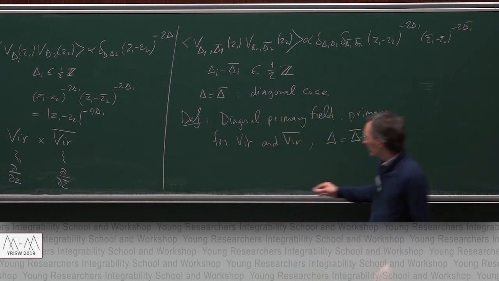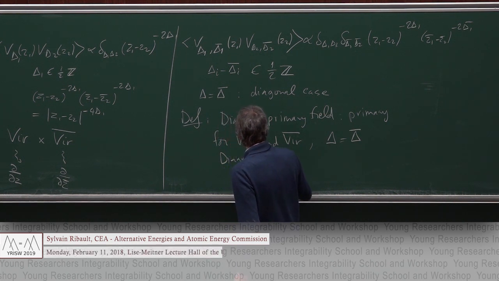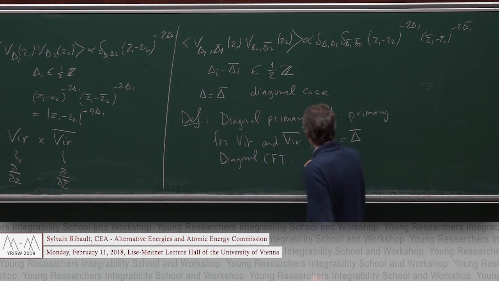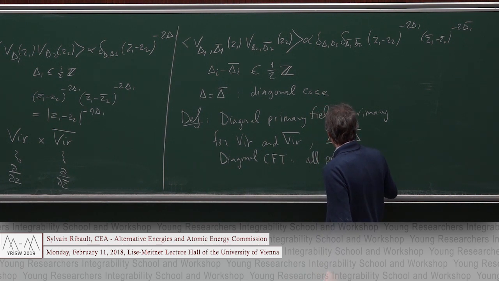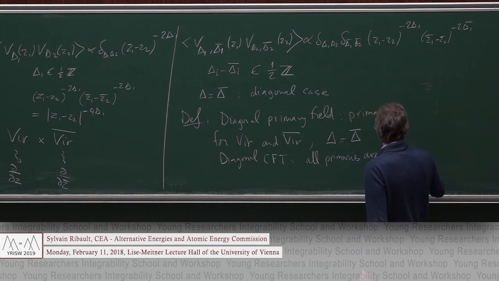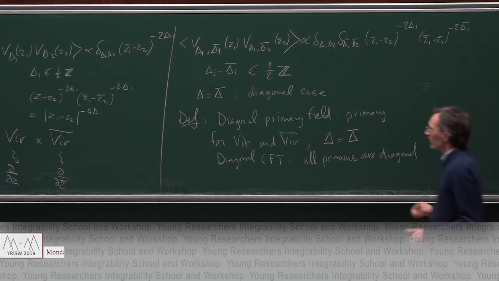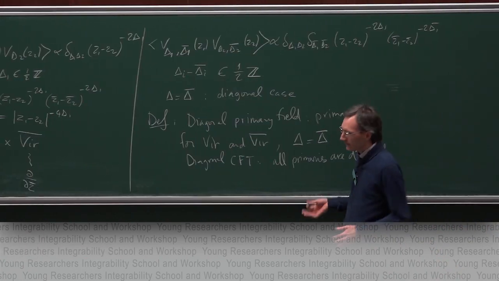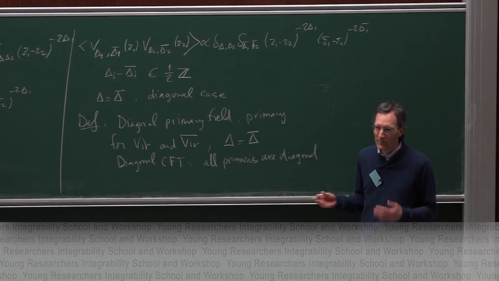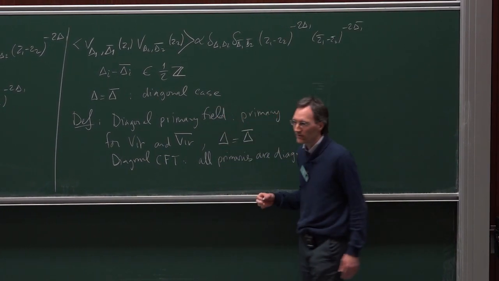And a diagonal conformal field theory is a CFT where all primaries are diagonal. Most of our examples will be diagonal conformal field theories, but in some minimal models, we will consider also non-diagonal theories.